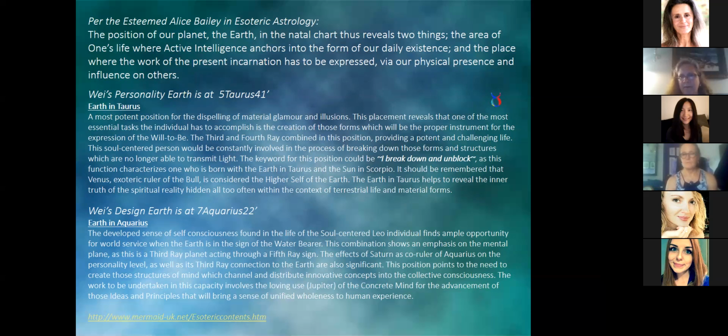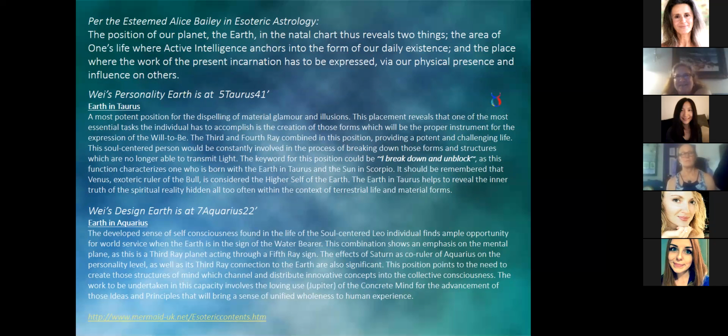So I've always looked at the place of the earth, it's kind of like Pluto's polarity, so the sun's polarity. Our polarity is the sun, and it's what we project out. So because Alice Bailey covers the earth in esoteric astrology, I decided to bring that in here so that we would understand a little bit more about what the earth would mean in a chart.